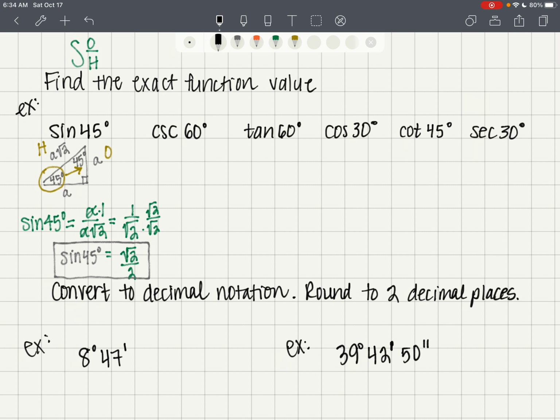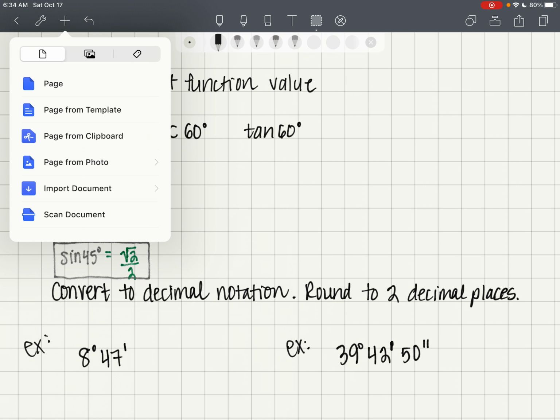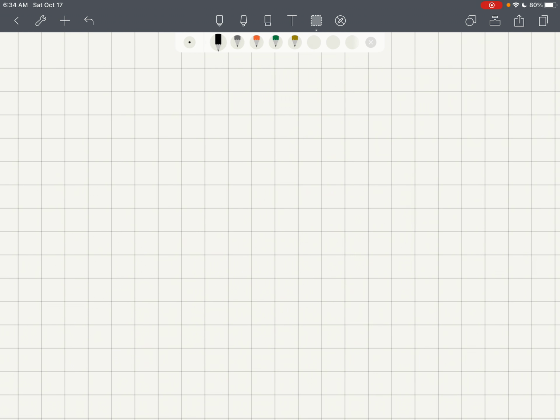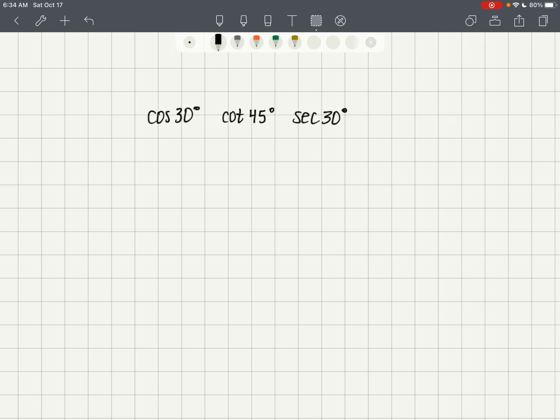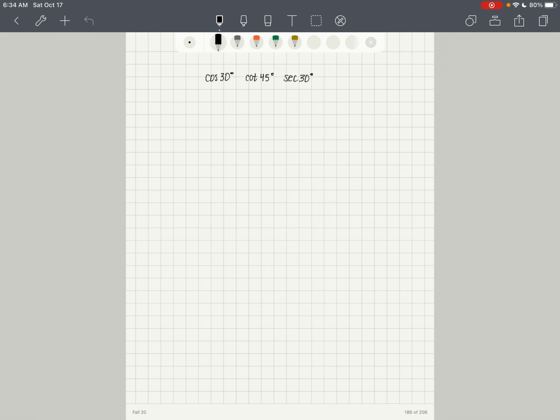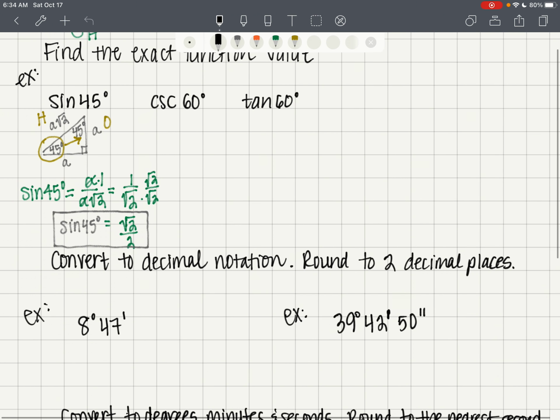So let me do that right here. I'm going to cut it, and we'll paste it right there, and we'll come back to that. Oops. There we are.